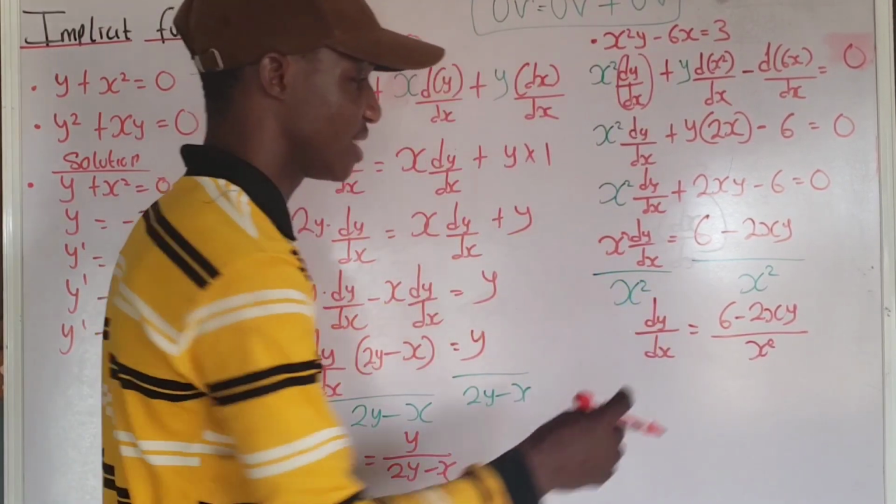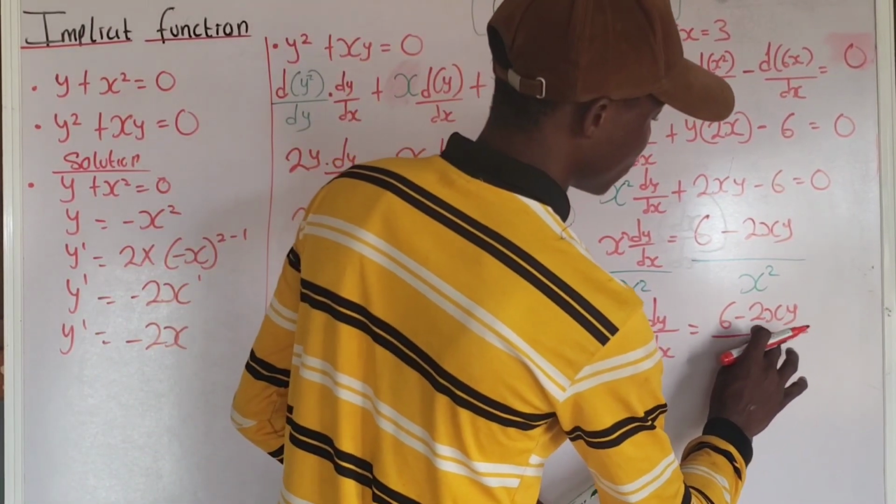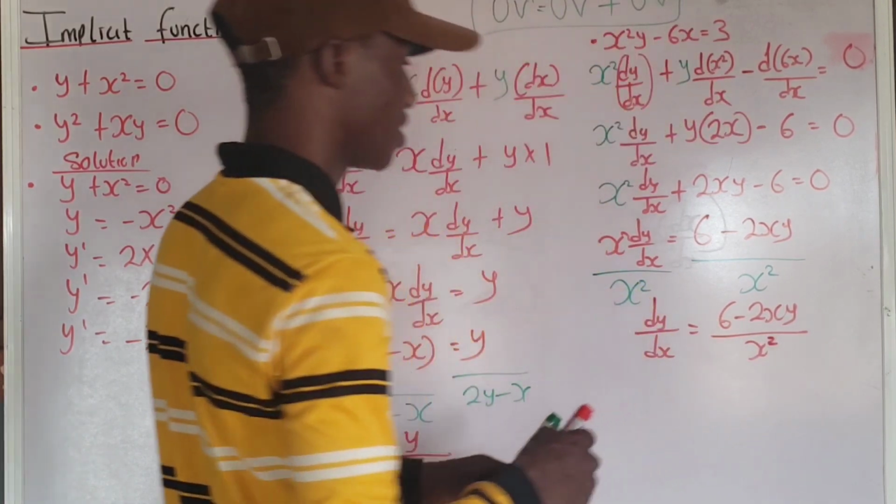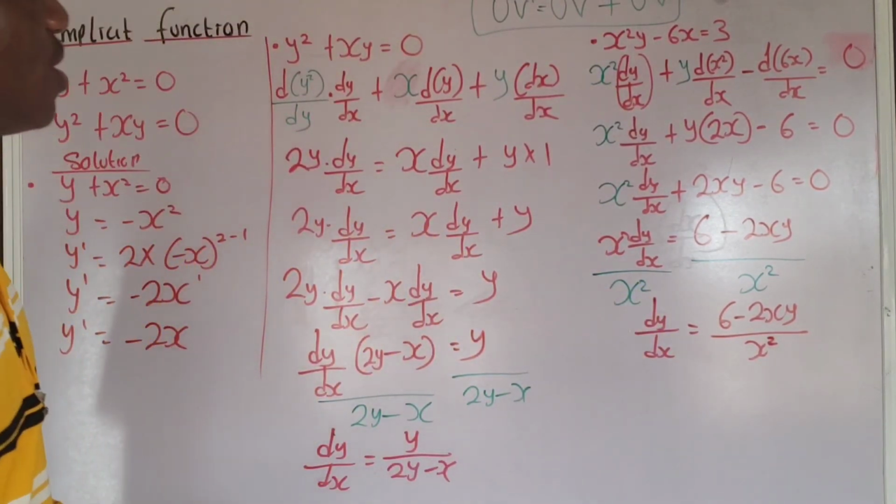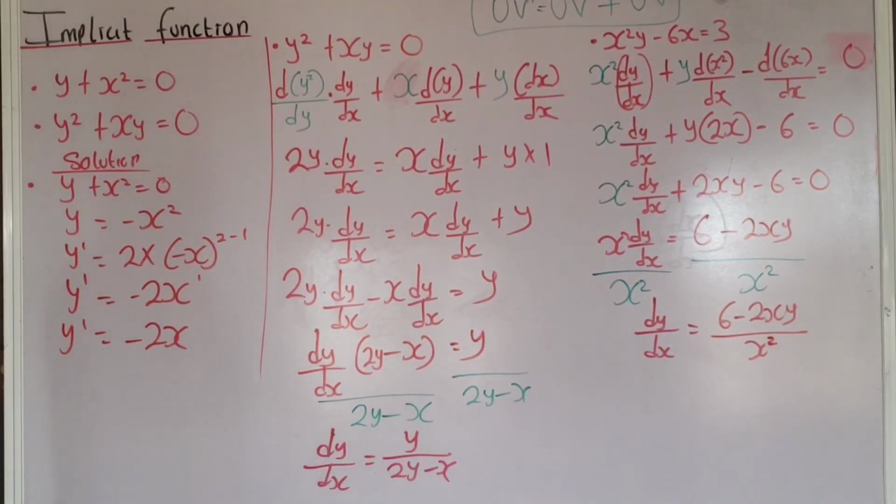You can see that to differentiate a function and to differentiate an implicit function is quite simple. What matters is understanding, you understand? Understanding the subject matter, and I've already explained.